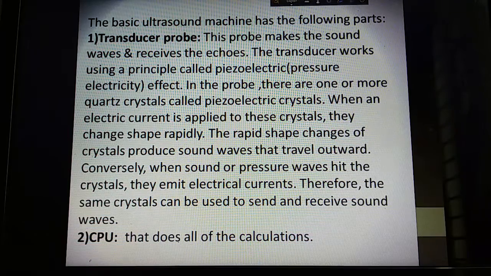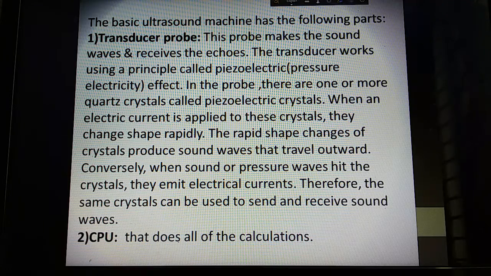Then we will try to know about the basic parts of an ultrasonography machine. First of all, the most important part of an ultrasonogram is the transducer probe. As we have known, this probe makes the sound waves and receives the echoes.